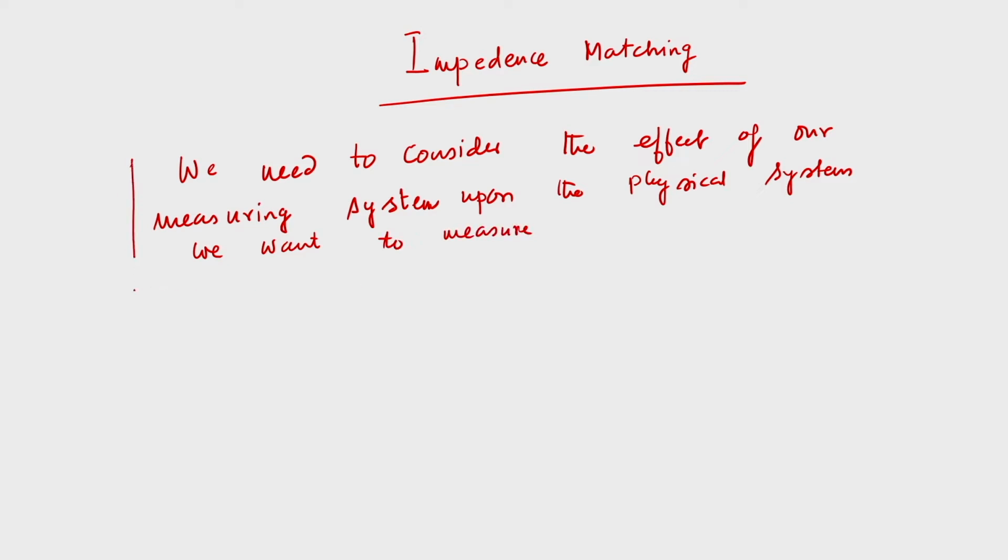So this is very important. If we know this, then perhaps we can understand why we need to have impedance matching, why you should have it while you are measuring any variable using any equipment, device or instrument.